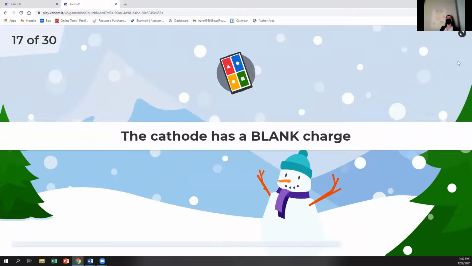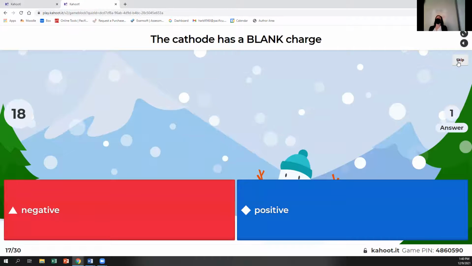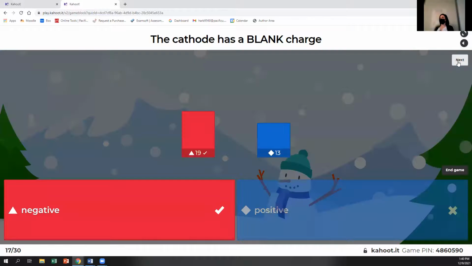Okay, the cathode has a blank charge, positive or negative. Negative. Yep. So remember, there's a thing about cats being negative.